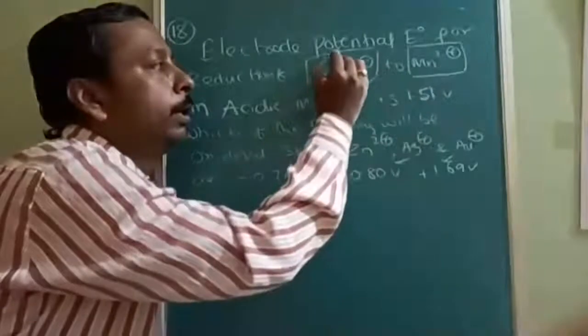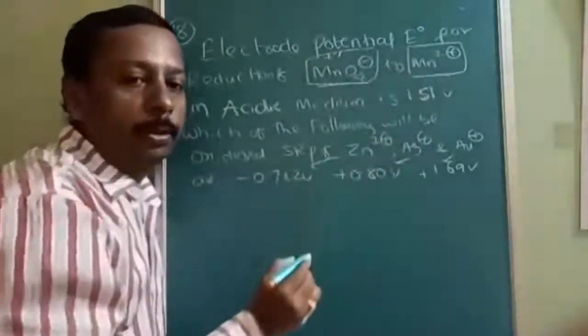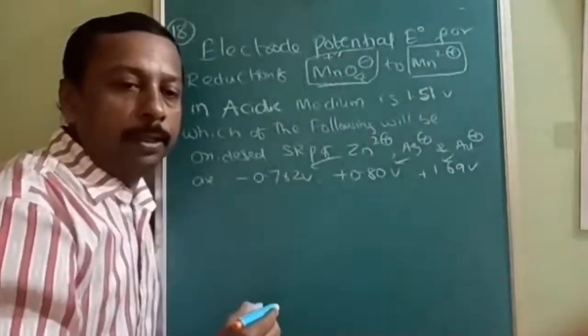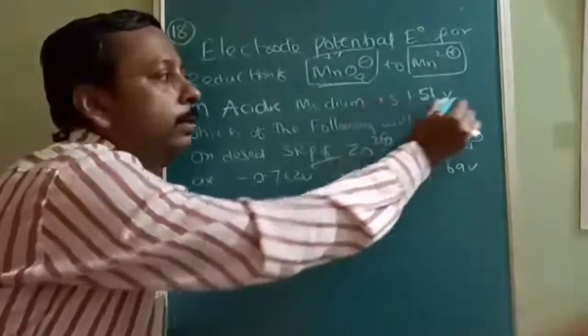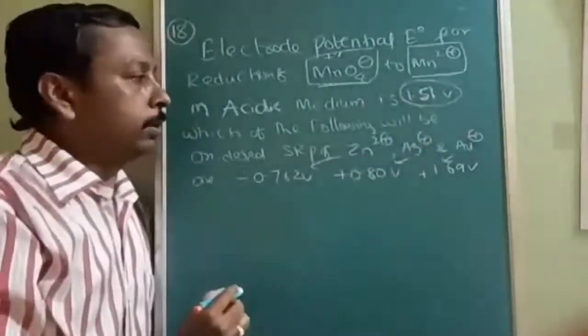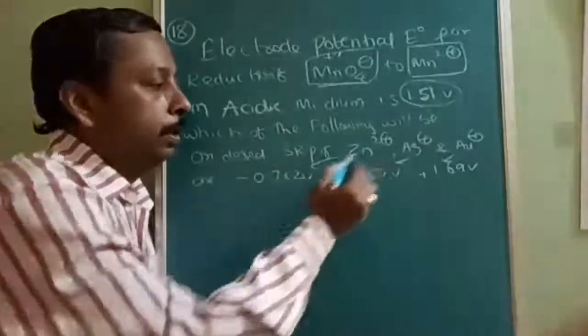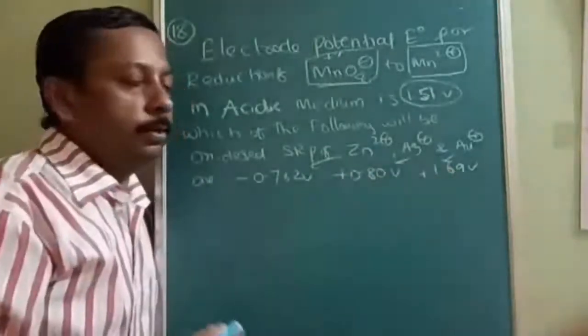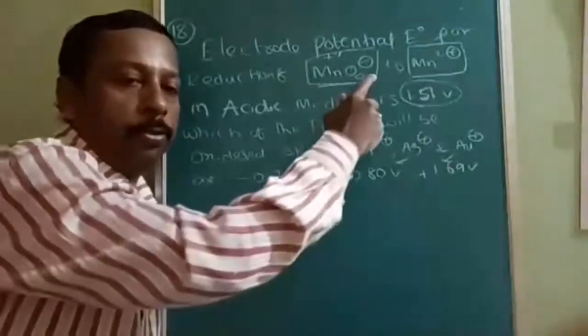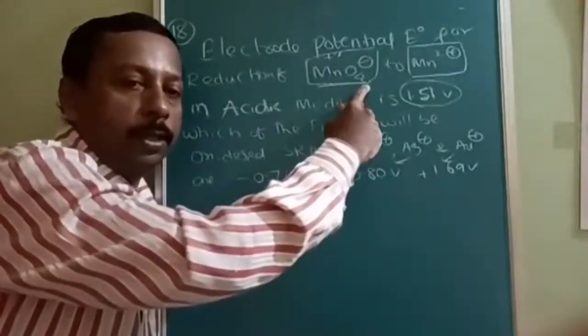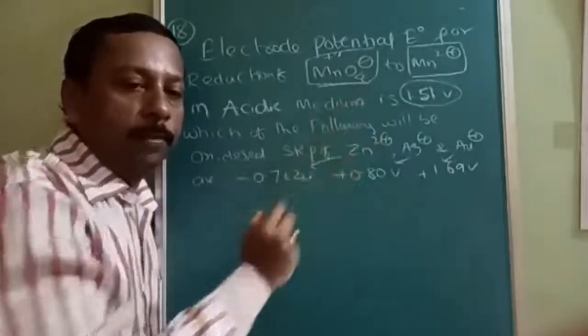See, here it is plus 7 to plus 2. So whatever potential is given is the standard reduction potential. Which of the following will be oxidized? These are the SRPs given. Oxidized means this should act as a reducing agent, then only they will be oxidized.